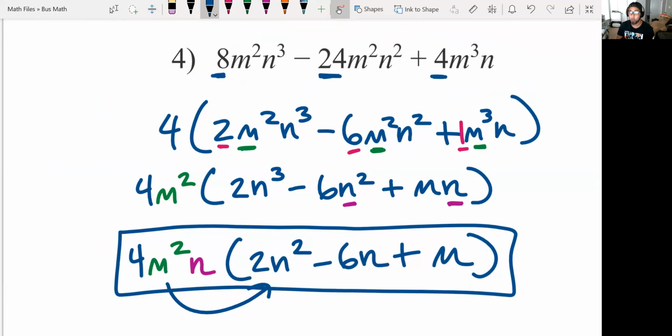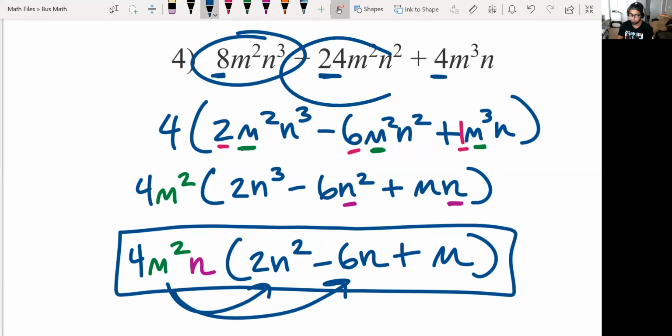4m squared n squared, right, becomes 8m squared n cubed. 4m squared n times negative 6n becomes negative 24m squared n squared.